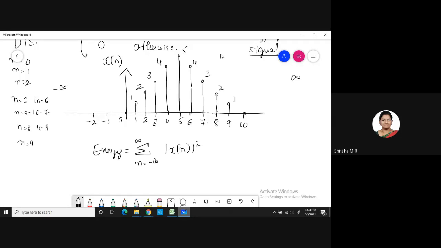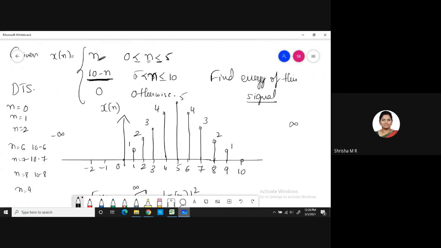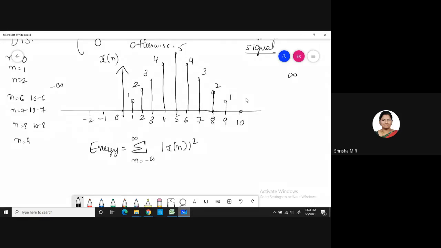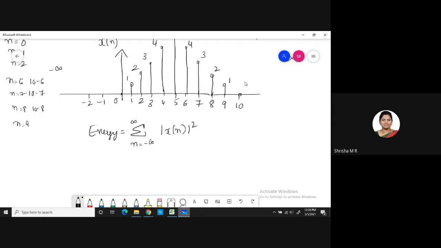For x of n from 0 to 5, it is n, and from 5 to 10, it is 10 minus n. Okay, we'll take those limits for summation. For summation n is equal to 0 to 5, x of n is n.